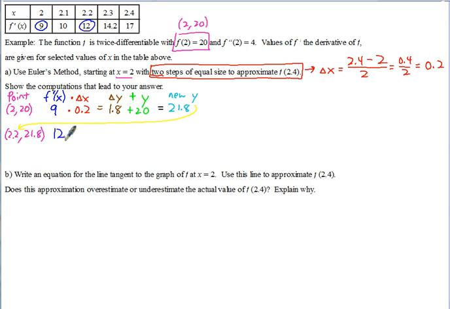So it'd be 12 times 0.2. Well, that's 2.4, so that's the change in your y coordinate. Plus the original y coordinate, which was 21.8, gives you a new y coordinate of 24.2.